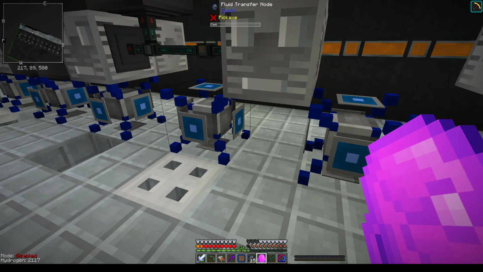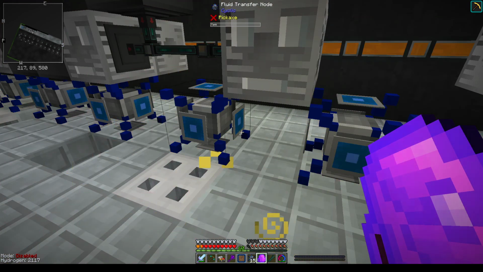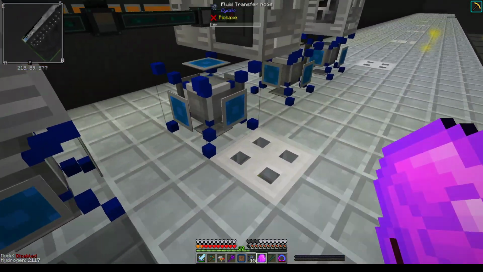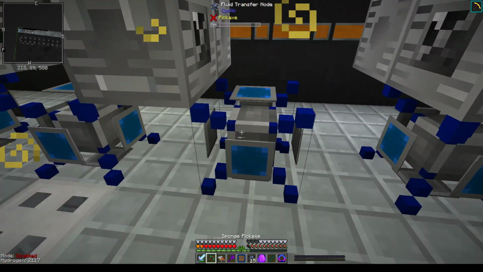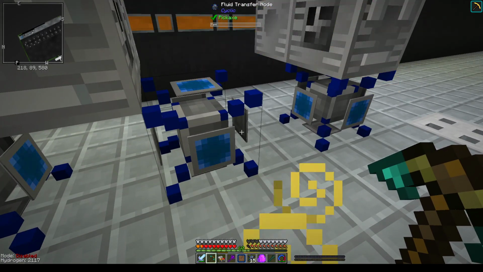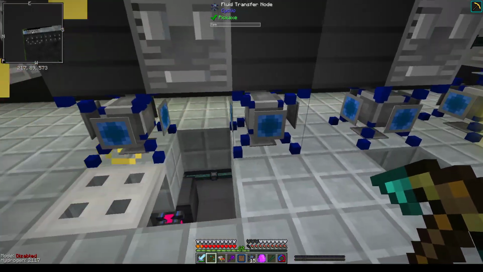I'll give it a higher priority for this. We'll just push it through here, and we're gonna send it through there so it goes to the system. Hydrochloric acid's going in there. All right. So we got this set up.